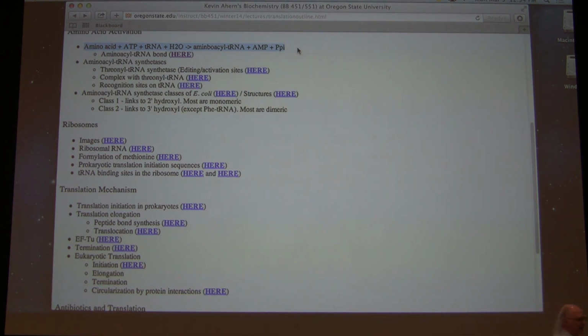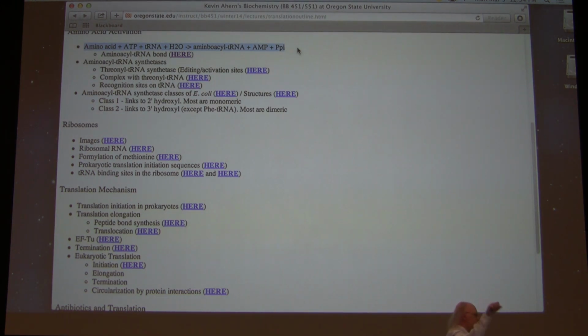And it turns out that amino acyl tRNA is joined in E. coli to a protein called EFTU. We'll talk about that in a bit. EF stands for Elongation Factor. EFTU, to tell you the importance of that protein, it's covering up, it's protecting that bond.